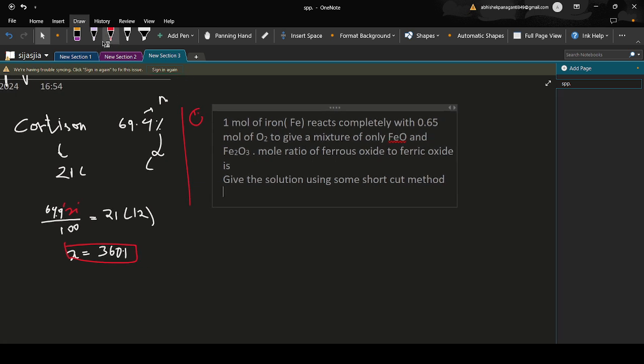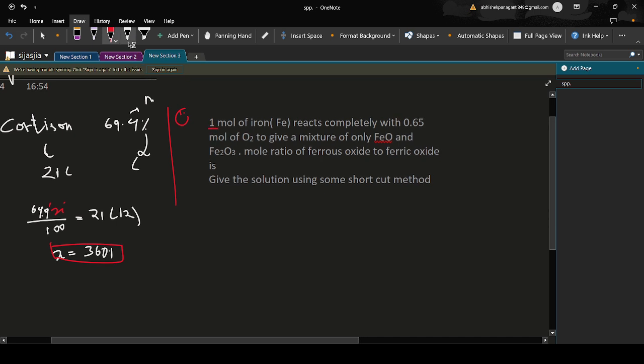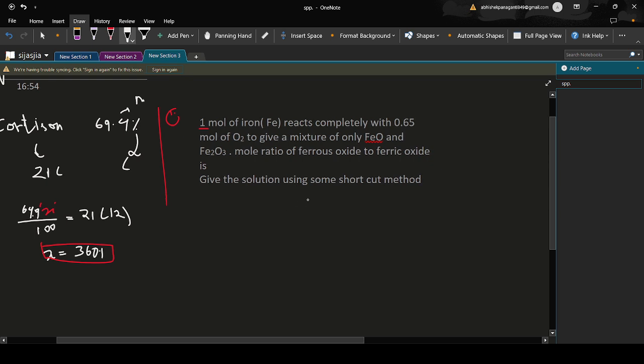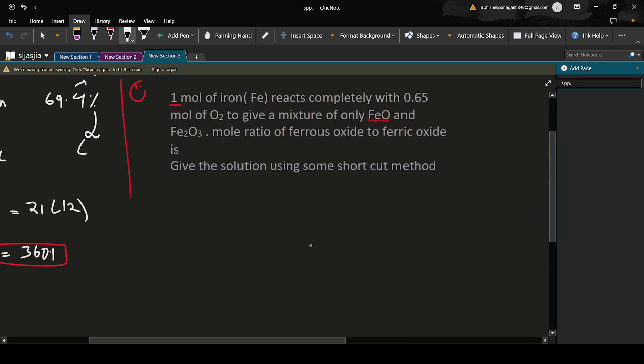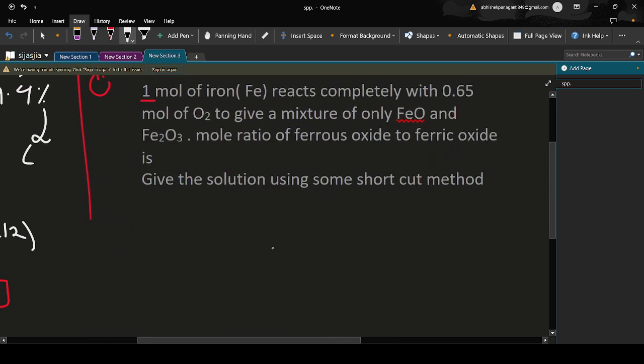The question goes like this: one mole of iron reacts completely with 0.65 mole of O2 to give a mixture of FeO and Fe2O3. The mole ratio of FeO and Fe2O3 is, this is pretty tough. Reacts completely, okay.